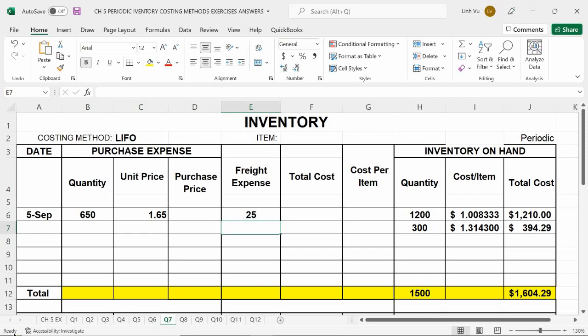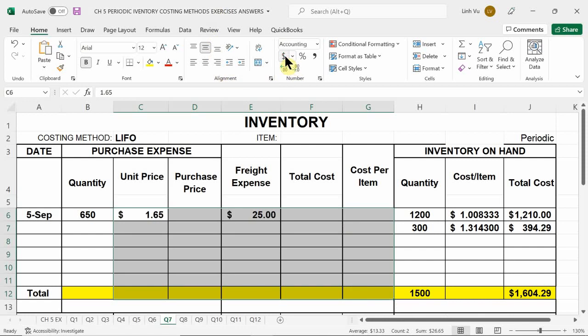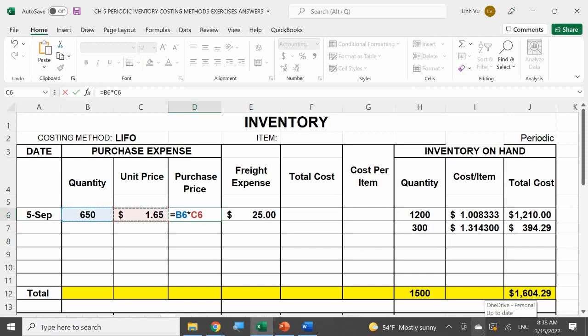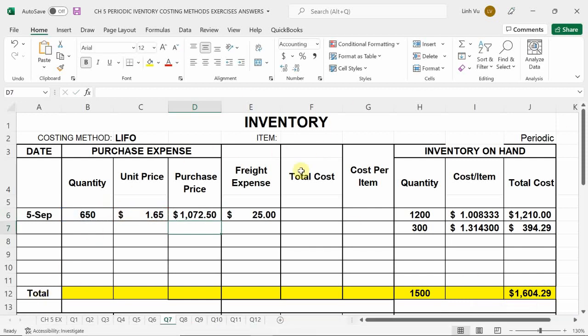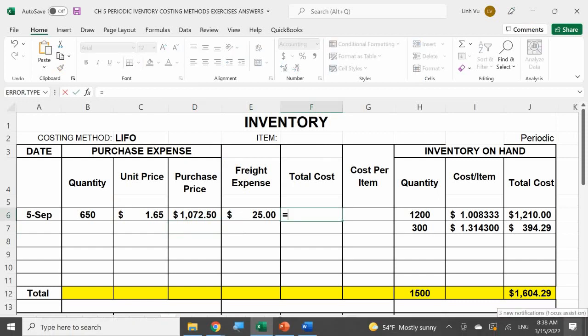So here, what is going to be my purchase price? 1,072.50. And your total cost? 1,097.50.